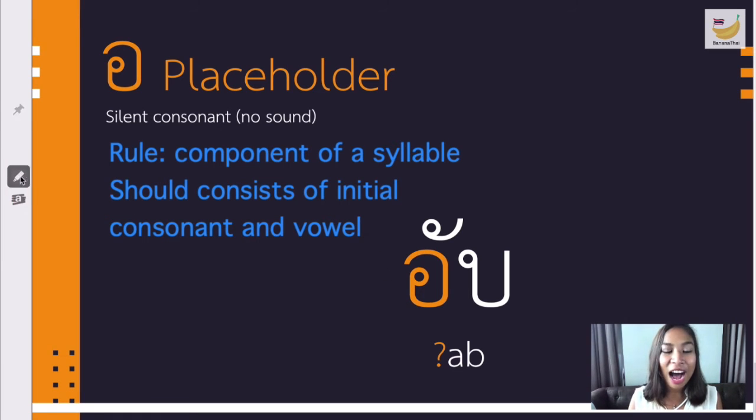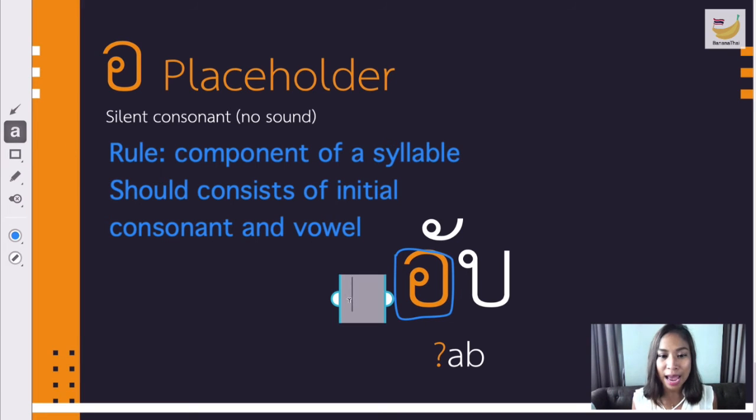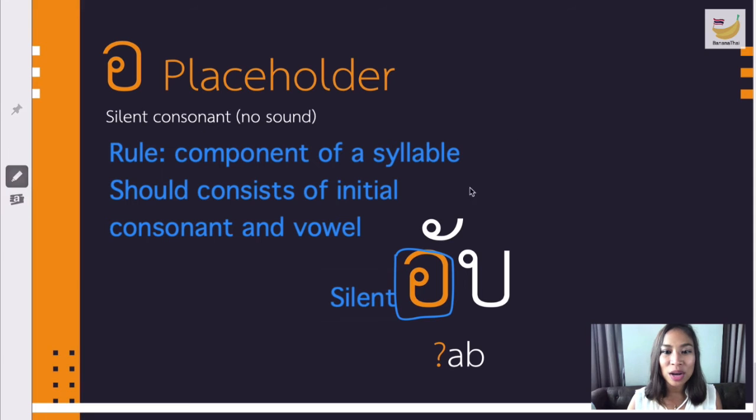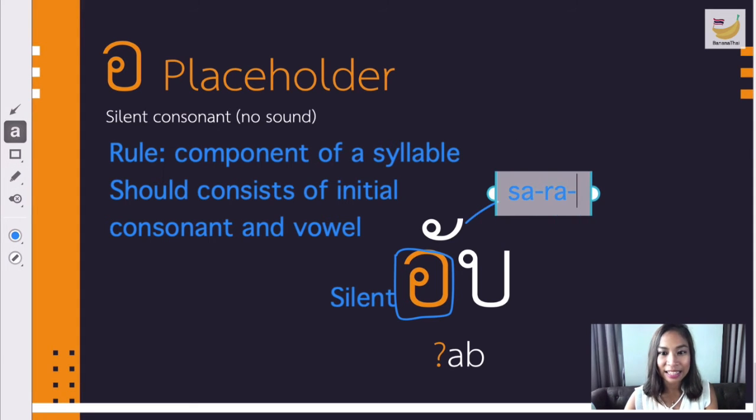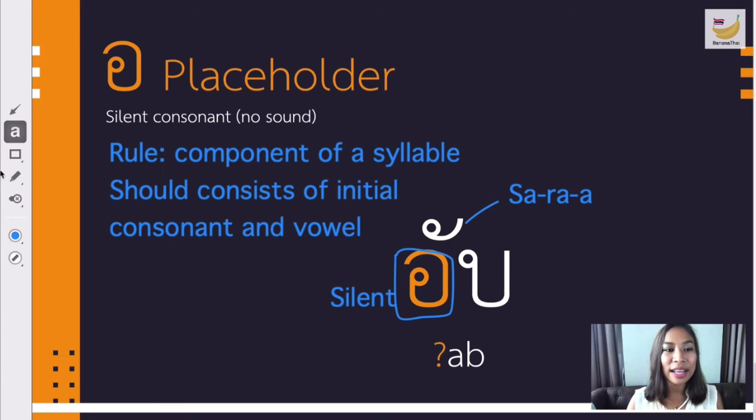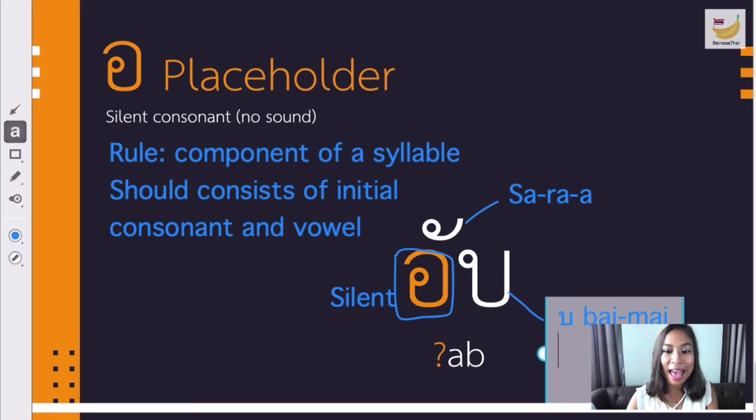However, ออ่าง is silent, so this is the initial consonant. You need ออ่าง to hold the place, just to hold the place, but not for the sound. This one is สระอะ, remember สระอะ, and this one is บอ ใบไม้ as the ending consonant.